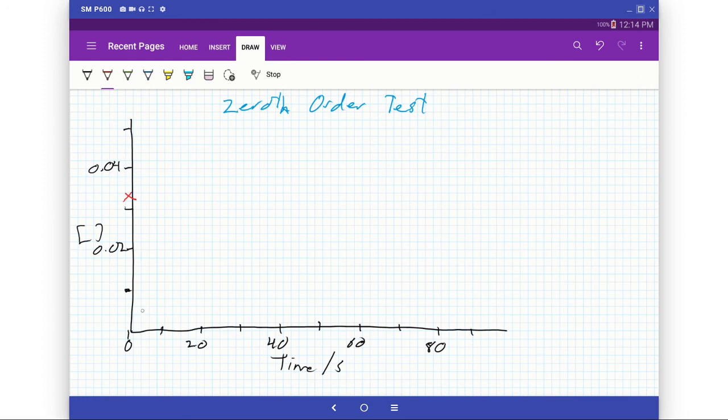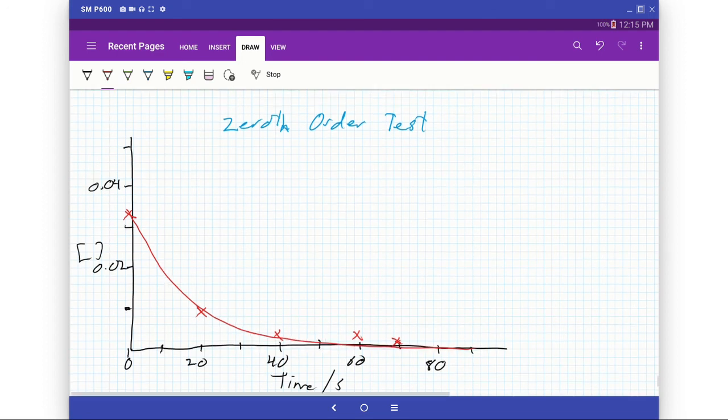At 20 seconds, it is 0.00952, right there. 0.0027 at 40 seconds. At 60, it's 0.00076. And 70, it's slightly less than that. This figure definitely doesn't look linear, but it fits pretty well a profile that goes like that. So because we do not have a linear relationship, it is not a 0th order function.